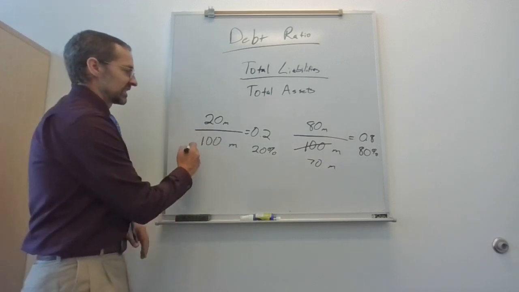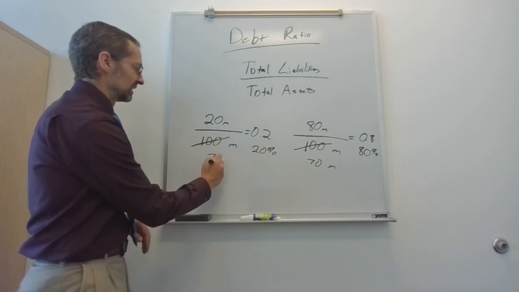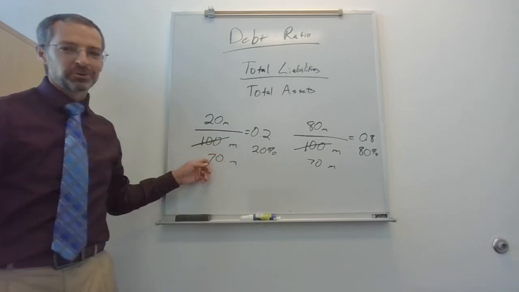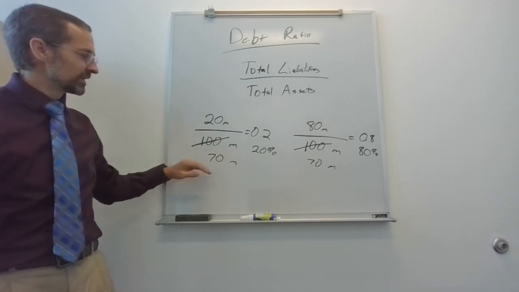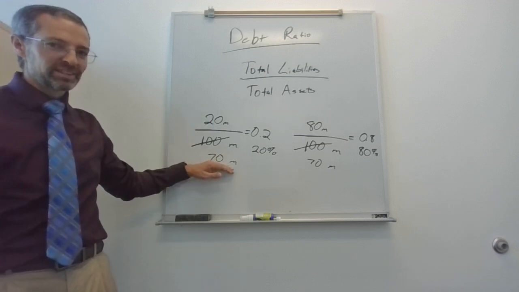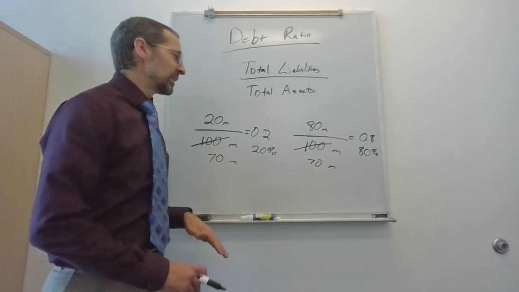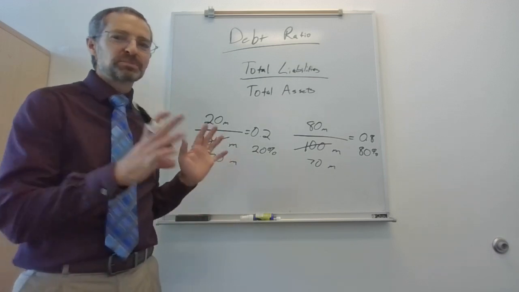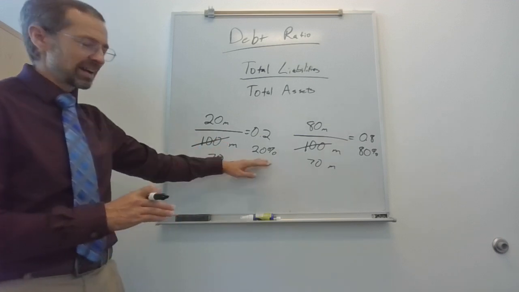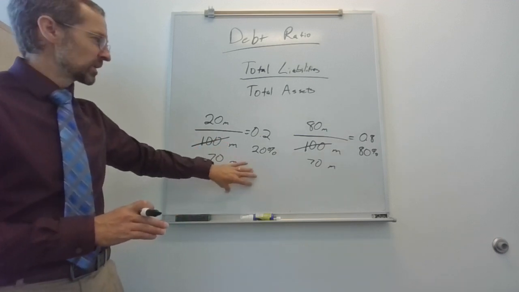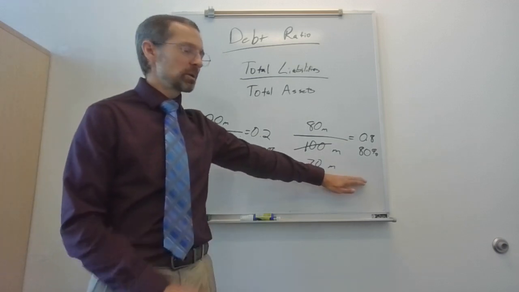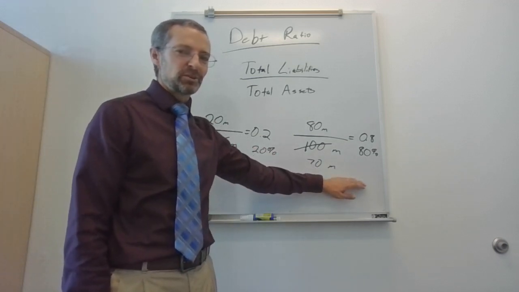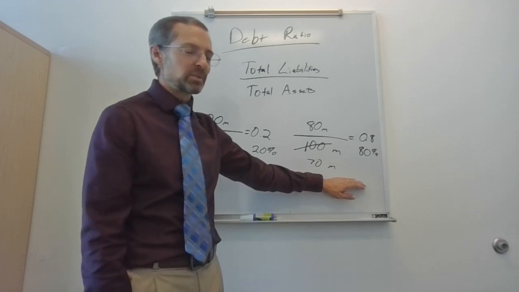In this case, let's say the same thing happened over here. They're still okay, right? They owe 20 million. They have 70 million left in assets. The bank is looking at them saying, yeah, this bad thing happened, but you know what? You're probably okay. The bank is probably very worried about this company over here if they were the ones loaning them money.